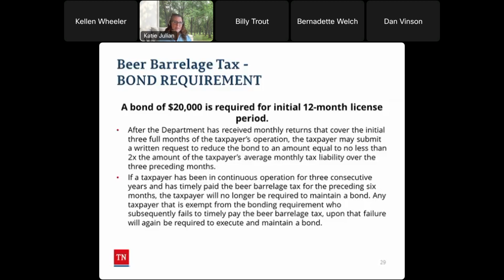Again, if the taxpayer has been in continuous operation for 3 consecutive years and has paid timely for the preceding 6 months, you are no longer required to maintain a bond. Any taxpayer that is exempt from the bonding requirement who subsequently fails to timely pay the beer barrelage tax will again have to maintain a bond after that. So stay in good standing.